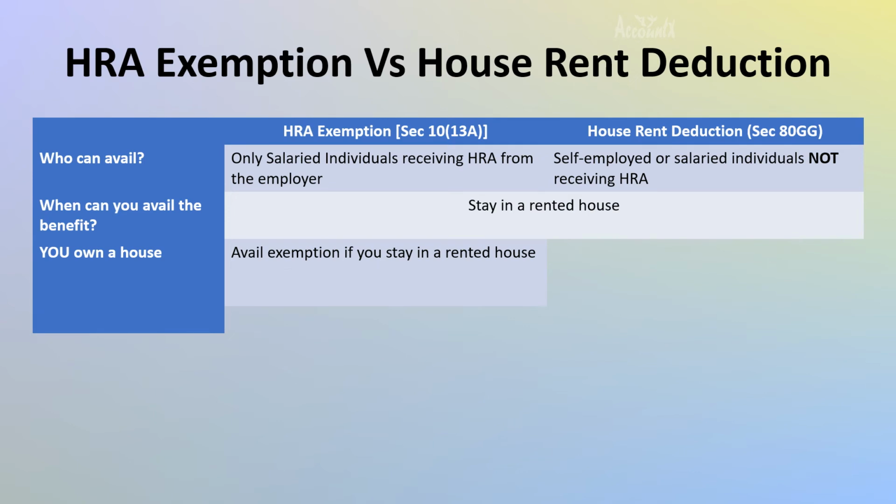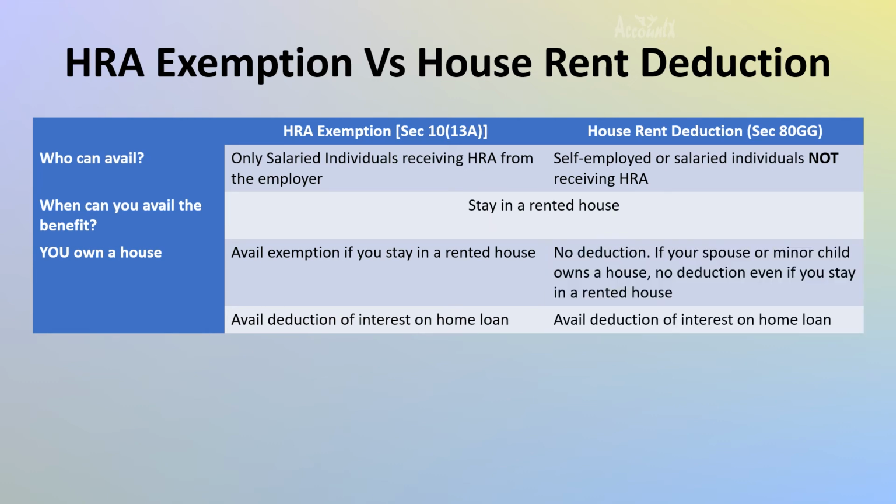If you own a house, you will still be able to avail exemption of HRA if you stay in a rented house. Further, if you have availed any home loan, you will also be able to avail deduction of interest on home loan. But if you own a house, you will not be able to avail deduction under section 80GG. Further, if your spouse or minor child owns a house, you will not be able to avail this deduction even if you stay in a rented house.